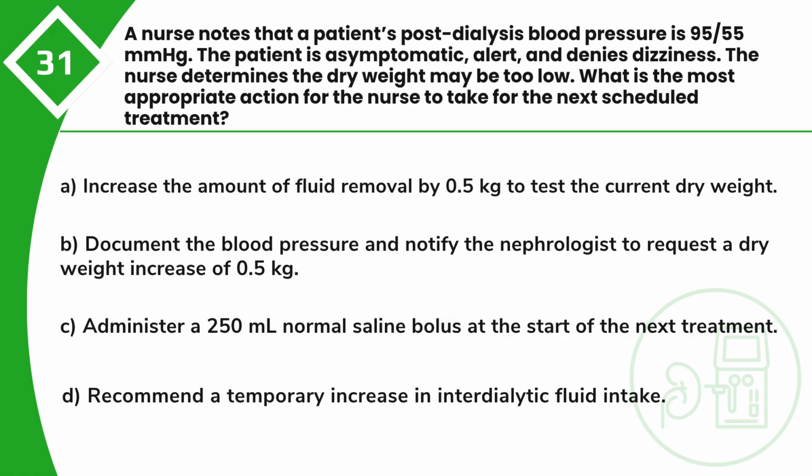B. Document the blood pressure and notify the nephrologist to request a dry weight increase of 0.5 kg. C. Administer a 250 milliliter normal saline bolus at the start of the next treatment. D. Recommend a temporary increase in intradialytic fluid intake. Answer: B.